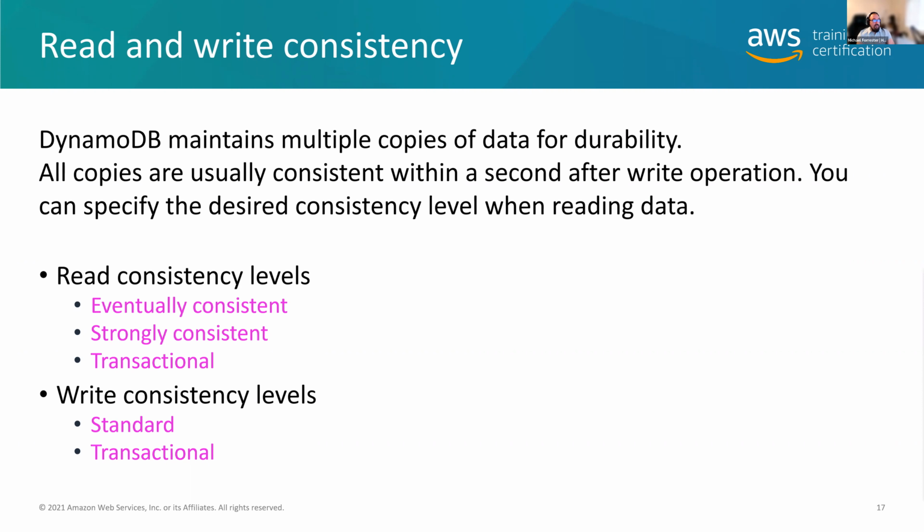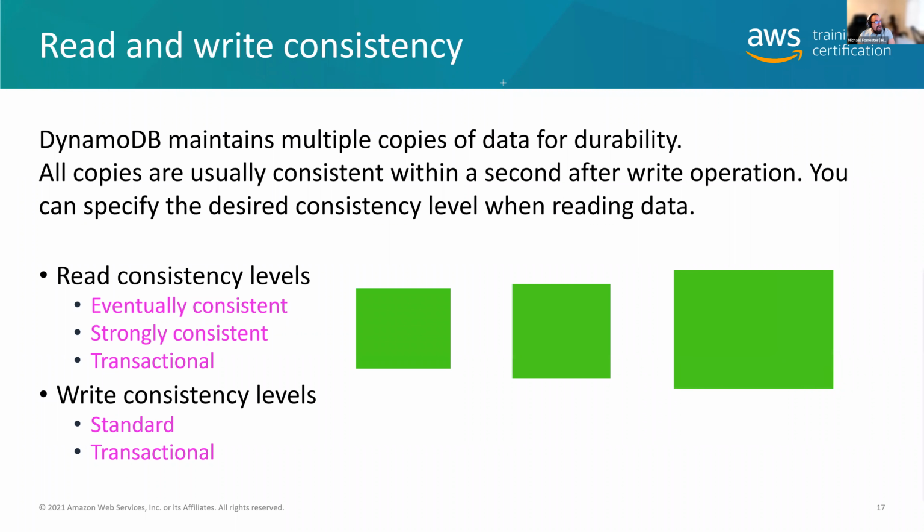Think of it this way. Let's say that you've got 3 DynamoDB tables and you decide that you're going to write some data here. And immediately you decide that you're going to come over here and read that data.